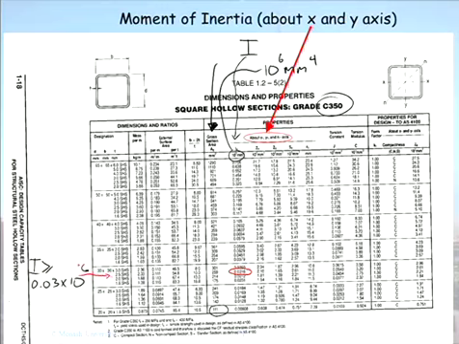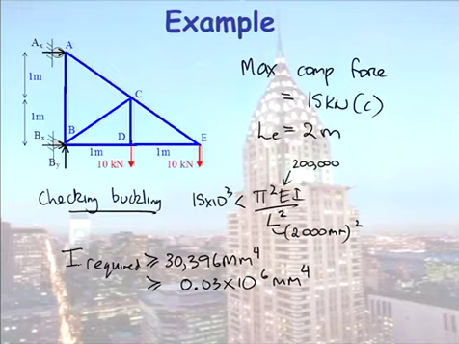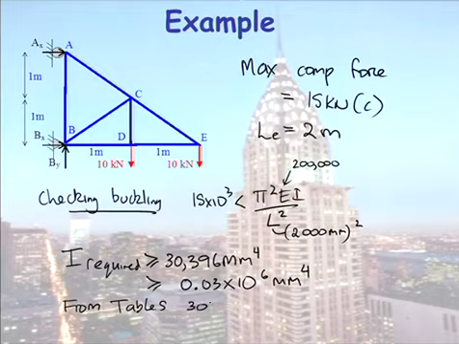So that is required. So now I'll just say from the tables, I haven't checked yield yet, from the tables, a 30 by 30 by 1.6 square hollow section has an I value equal to, hang on, which one? I can't read that.